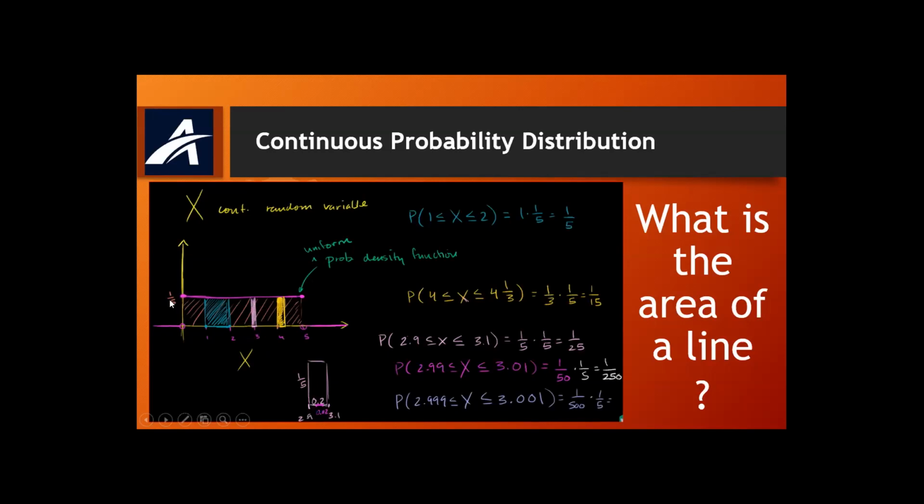It will be 1 over 5, which is the height, times this distance here.